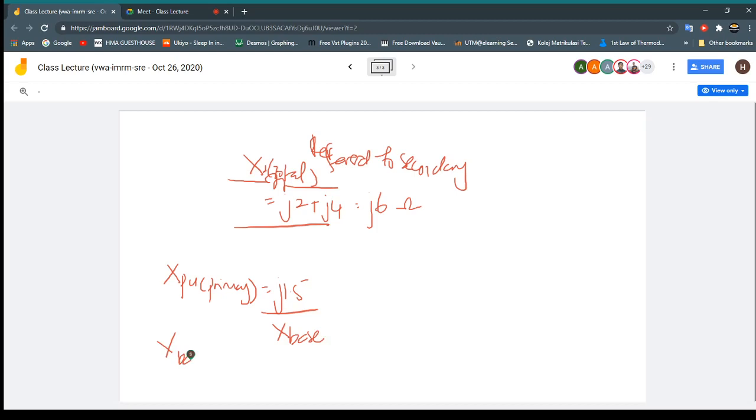X base equals 10 squared over 100, the base voltage at the primary squared divided by the base power, which is 100, right? What do you get? 1, right? Yes. So this one equals j1.5 per unit.